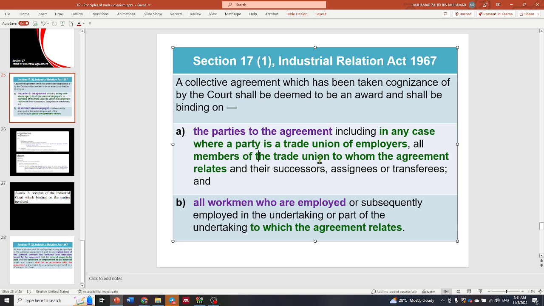Sebab apa? Kalau ingat lagi dalam section 17A ni, dia successors, assignees or transferees. Bermaksud, contohnya 2023 pekerja baru masuk. Pekerja baru pun adalah successor mereka, ataupun penerus perjanjian ni lah.